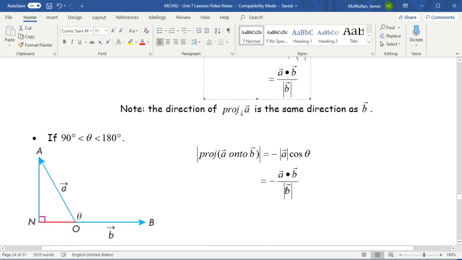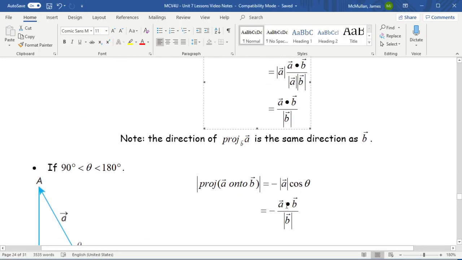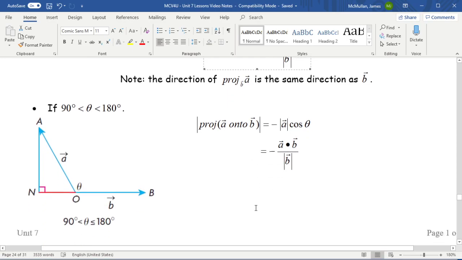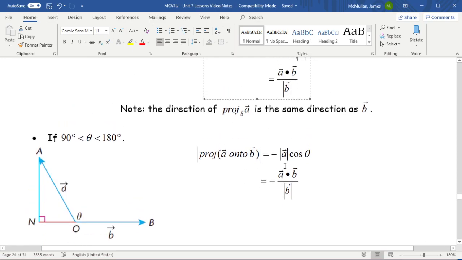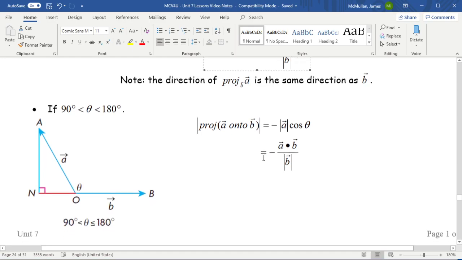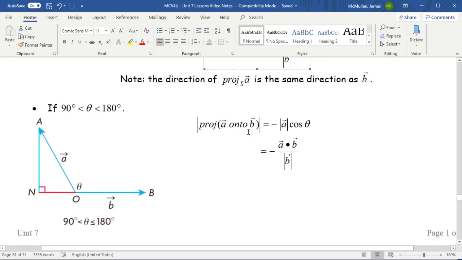But actually, the formula doesn't really need to change, because, well, let me just try to clarify this. When you project A onto B and the angle between them is bigger than 90, what you get is the opposite of A cos theta.